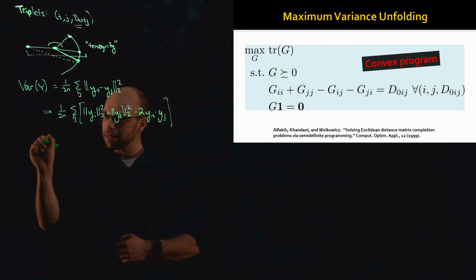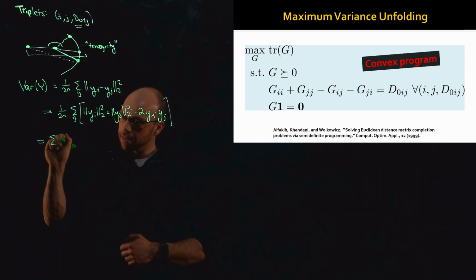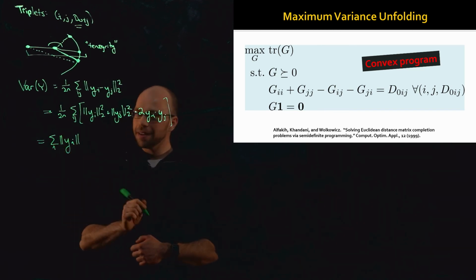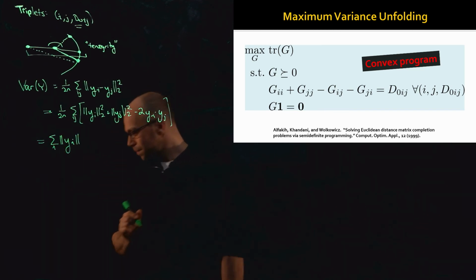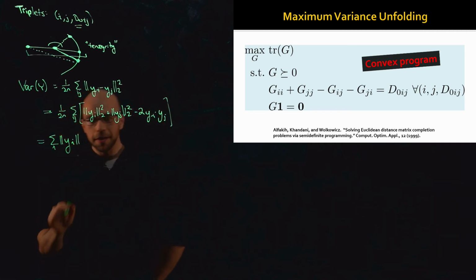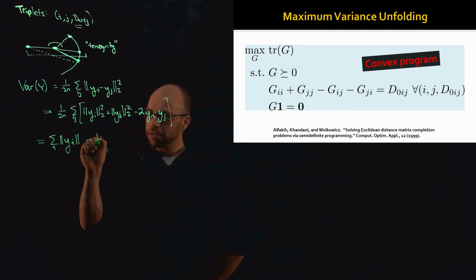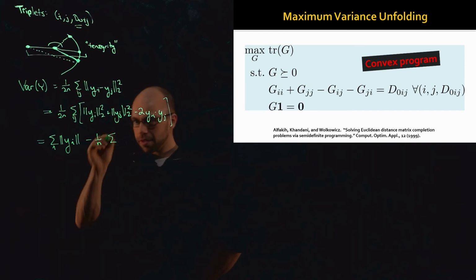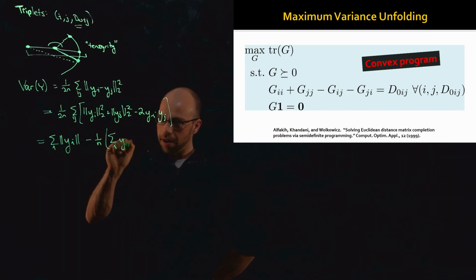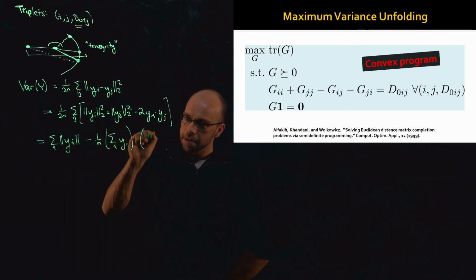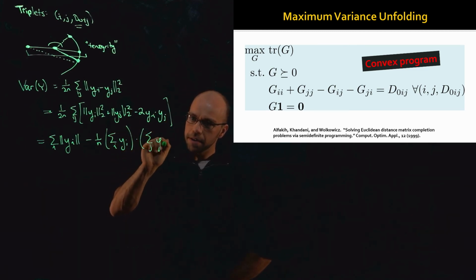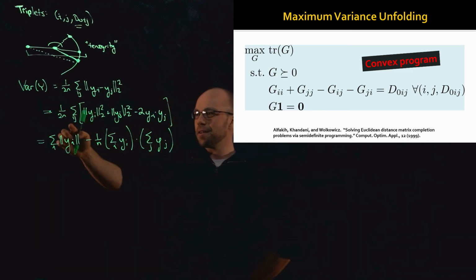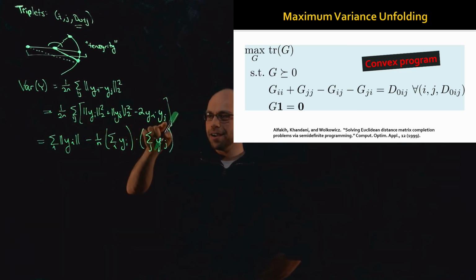If you put those together, then I get that this is the sum of the norm of the yi over i, indexing that second term over j. And the second one can be written in an interesting way, which is the sum over i of yi dot product the sum over j of yj. Hopefully you can see that, right? Because here this is a sum over all i and all j of yi dot yj.